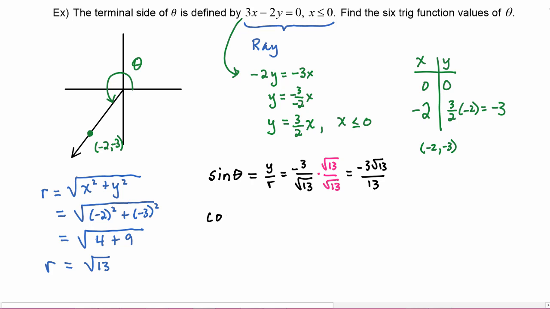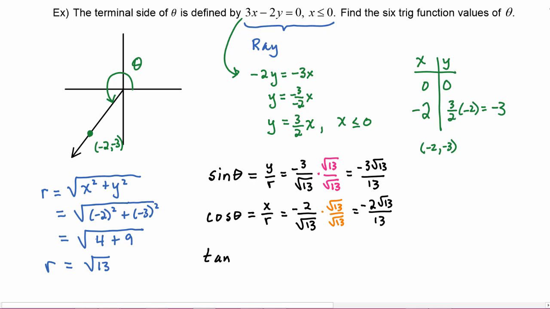Cosine of theta we know is x over r, so that's going to be negative 2 over radical 13. We're going to need to rationalize that, multiply by 1 in the form of radical 13 over radical 13, and we get that cosine of theta will be negative 2 radical 13 over 13.